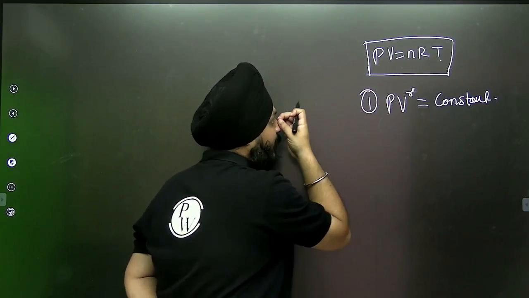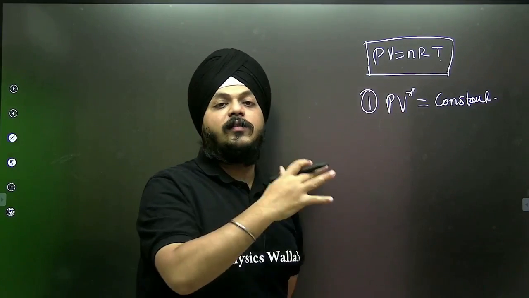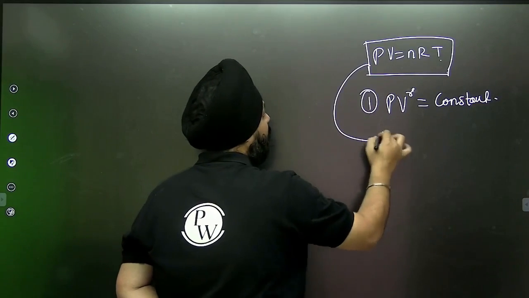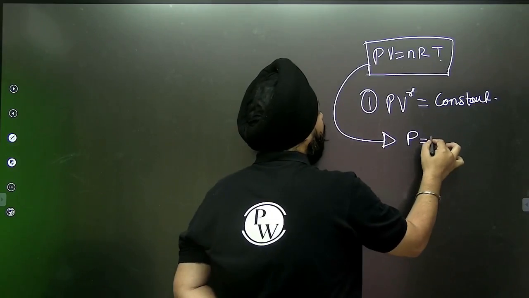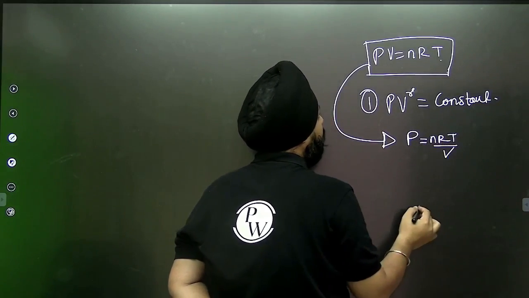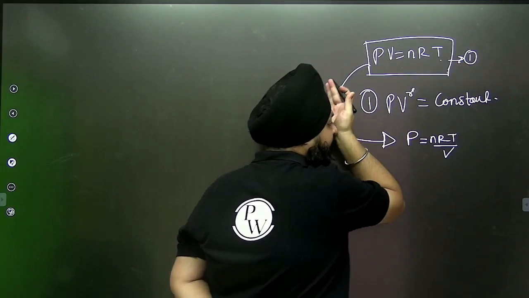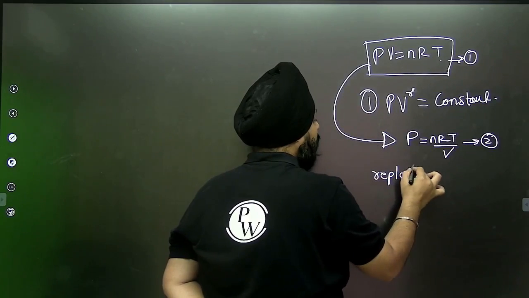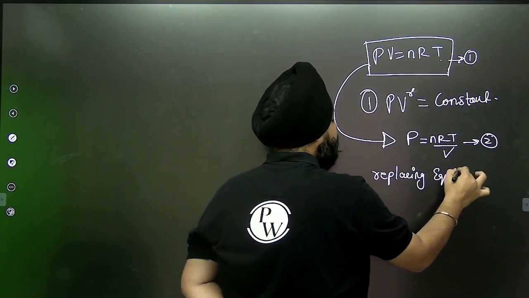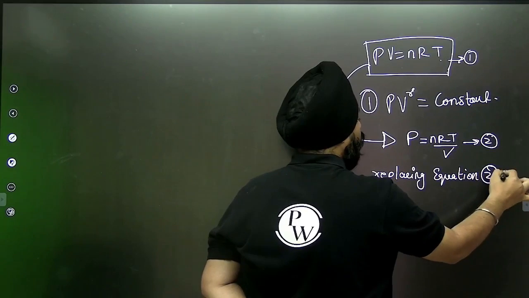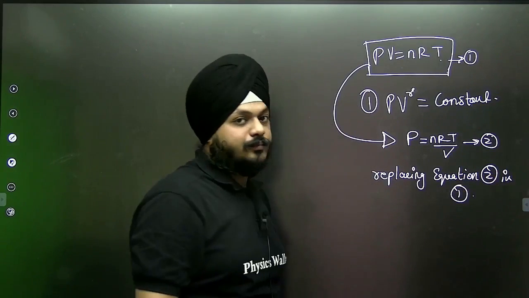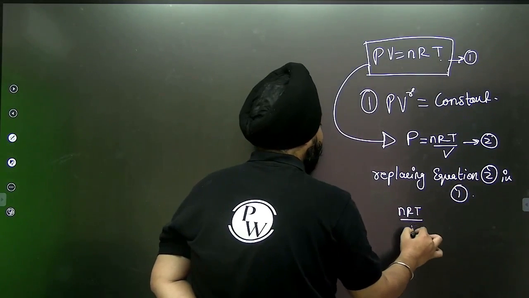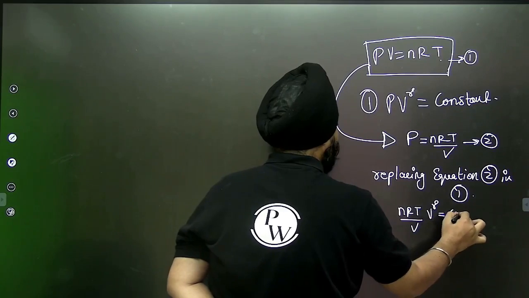Apart from this, there are two other formulas on which numericals are asked. Suppose I make P the subject: P equals nRT by V, and replace it in equation number 1, considering this as equation number 2. Replacing equation 2 in equation 1, we get nRT by V times V raised to gamma equal to constant.